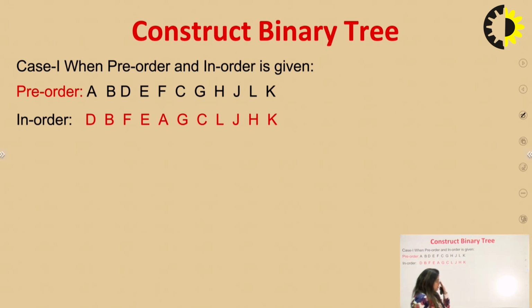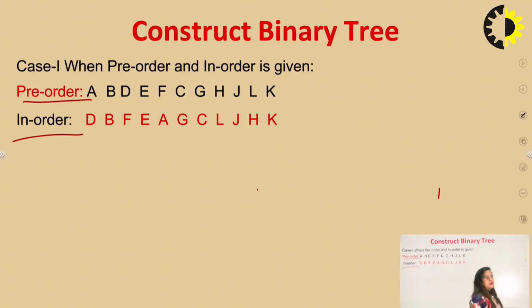According to this, you are given pre-order and in-order and you have to make a binary tree. Okay? So how will we make it? You will be given the pre-order, and this one is the in-order.